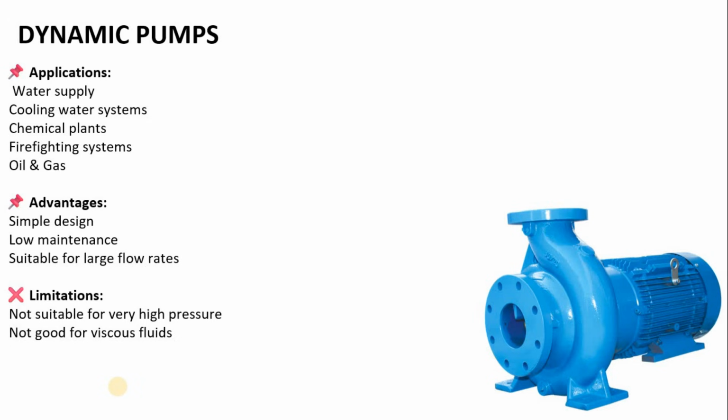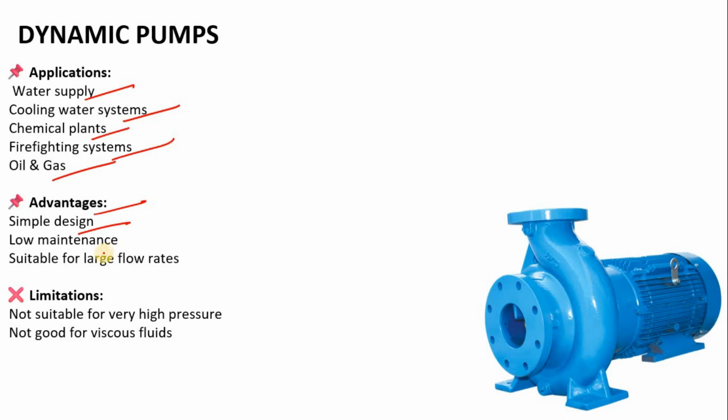Now, what are the applications of the centrifugal pump? See, centrifugal pumps are used everywhere. Okay, in water supply, in cooling water systems, you can see in a cooling water pump also a centrifugal pump, then chemical plants, firefighting systems, oil and gas industry, etc. Okay, advantages: simple in design, there are fewer moving parts.